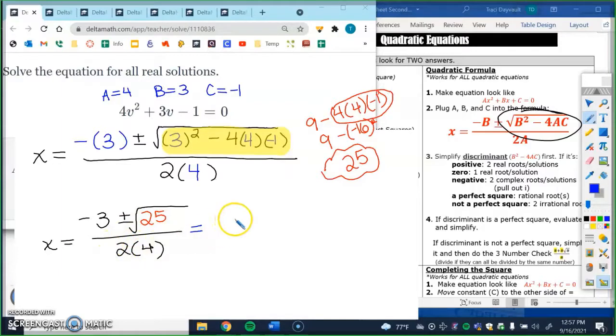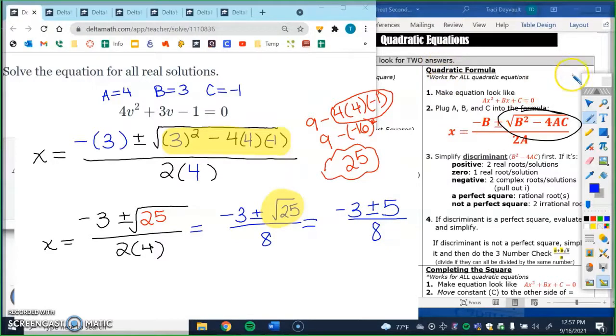I could do 2 times 4, which is 8. So I've got negative 3 plus or minus the square root of 25 over 8. And you're probably thinking, oh, well, the square root of 25, I know what that is. What's the square root of 25? That is 5. So we've got negative 3 plus or minus 5 over 8.